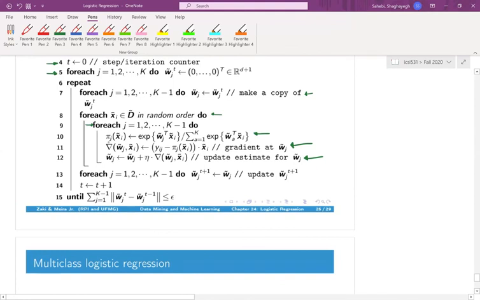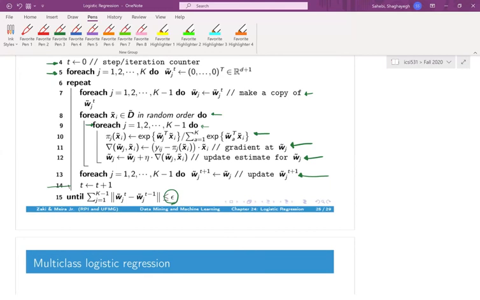After we are done with all of the classes and all of the data points, we update the weight vectors. Then we go to the next epoch or iteration, and we repeat this whole outer iteration until the weight vectors of our classes do not change that much anymore.